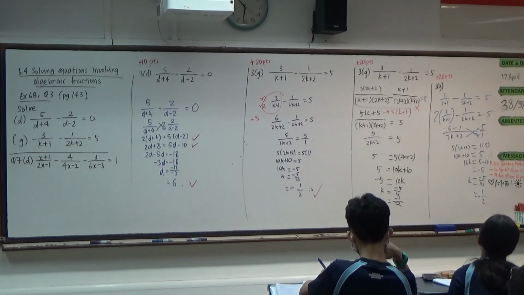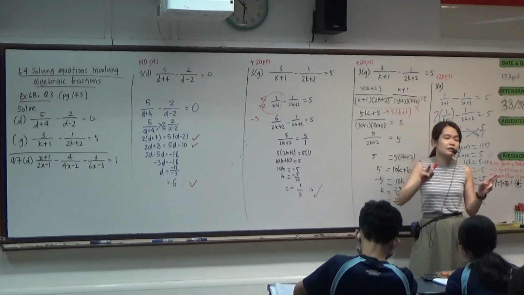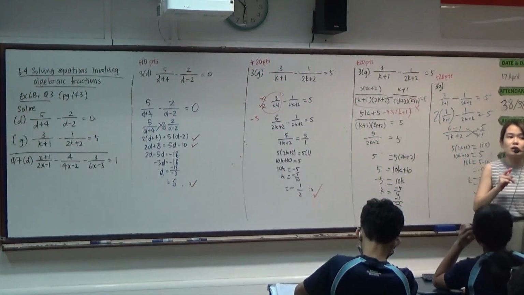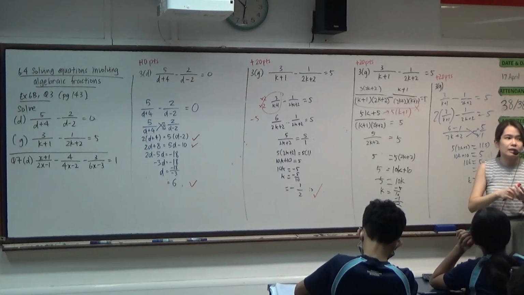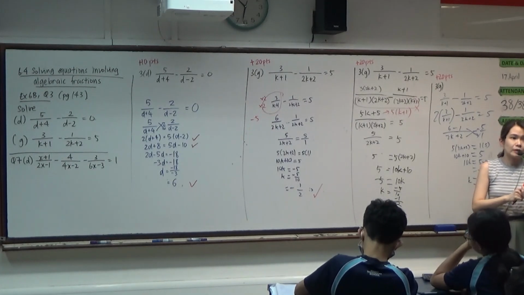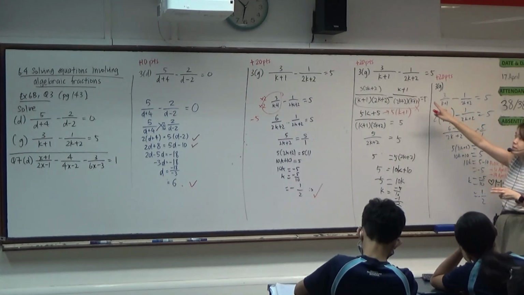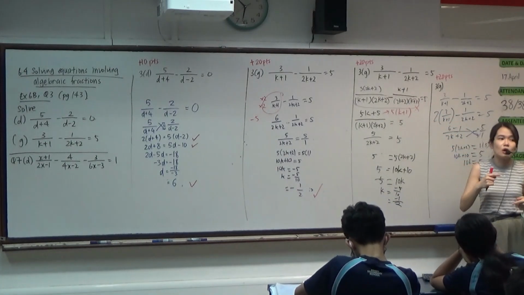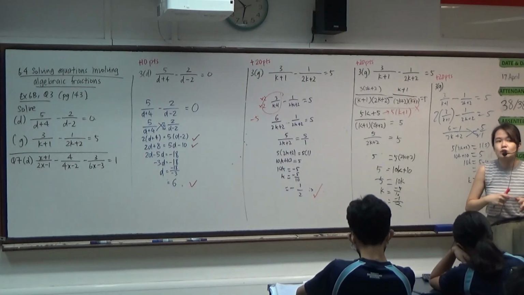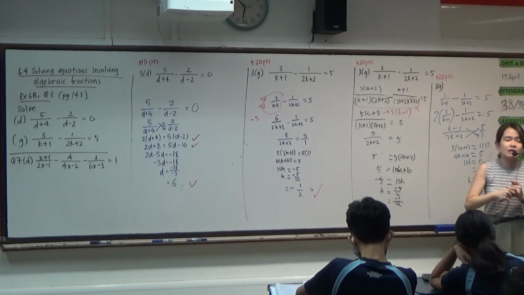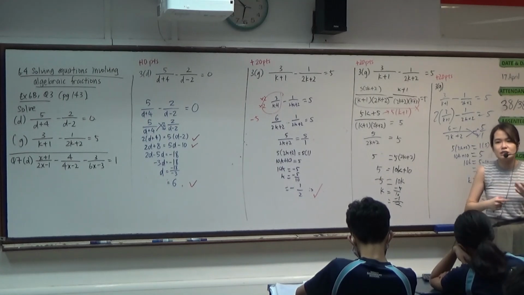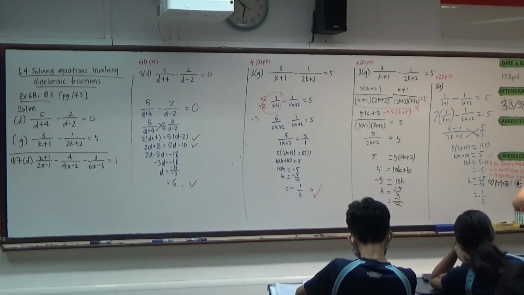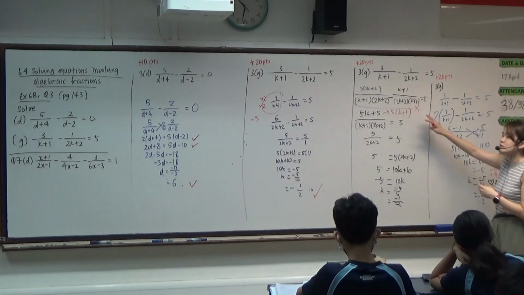Why I don't want to encourage this is because it will become a problem when we go up to Sec 3, when you always think that denominators just multiply each other for common denominator. That is not a correct concept. We should be trying to get lowest common multiple. Because when you do this, you might run into a situation where you end up solving a quadratic equation, which shouldn't be the case. And if you're in Sec 3, you might run into a situation of solving a cubic equation, which is another skill on its own that we learn in A-maths instead. So I don't want us to be confused.